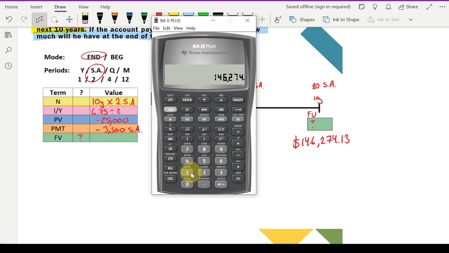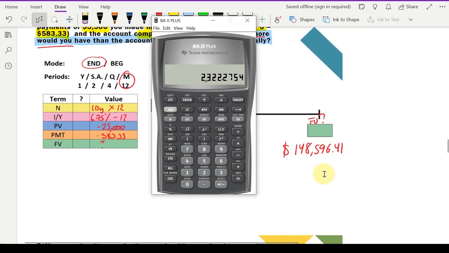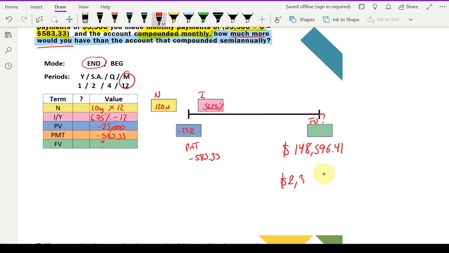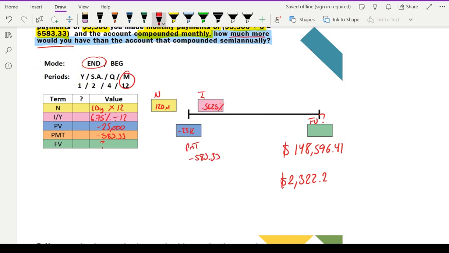And we would have $2,322.28 more. This is how much more we would have simply by converting to monthly compounding.